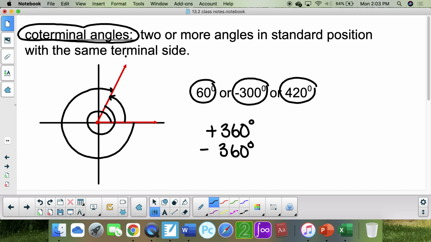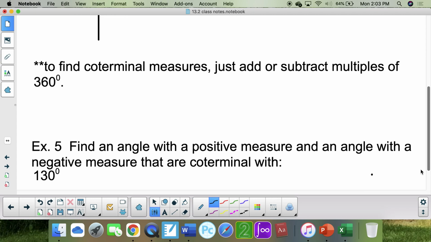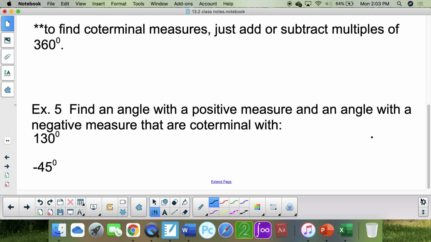So, find a positive measure and find a negative measure that's coterminal with 130. So all you have to do is take your calculator out. Everybody got their calculator?